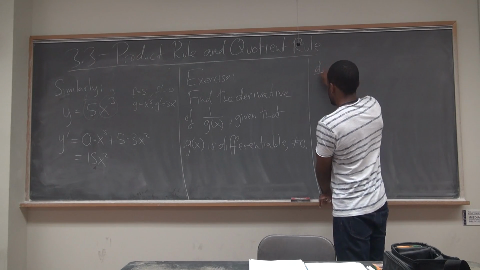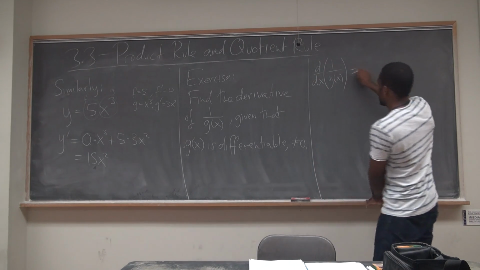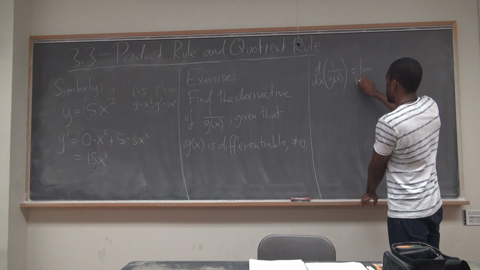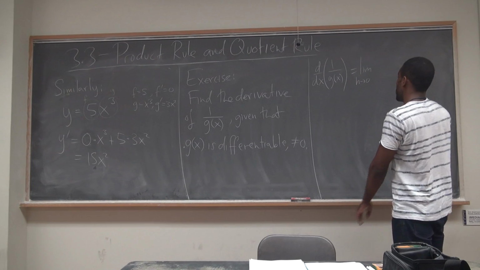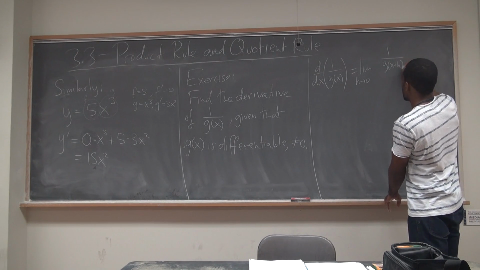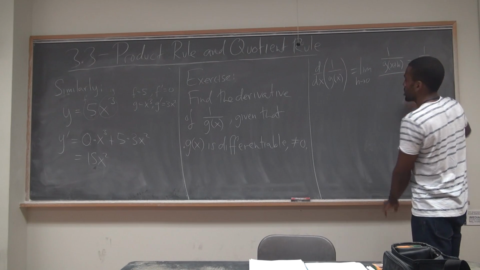So if I want to find the derivative of the function 1 over g of x, technically we don't know how to do something like that yet, so I'm going to use the limit definition. This means 1 over g of x plus h, minus 1 over g of x, all over h.